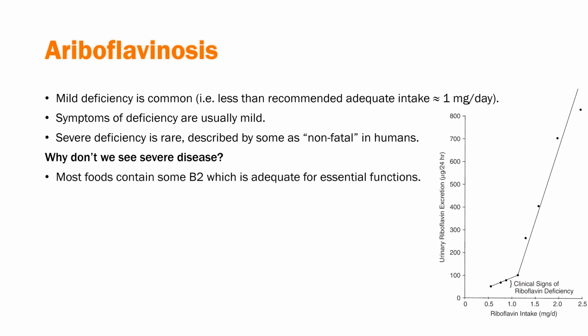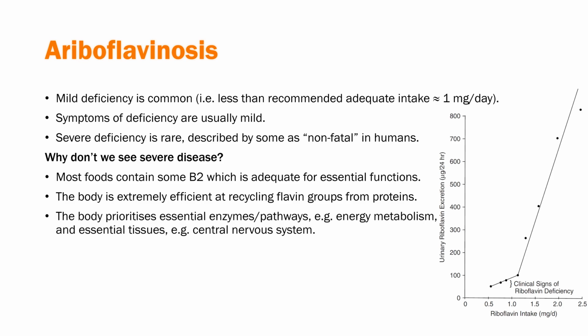The answer is that most foods contain some B2, which is adequate for essential functions. The body is also extremely efficient at recycling flavin groups from proteins. The body prioritizes the essential enzymes and pathways such as energy metabolism and essential tissues such as the central nervous system.